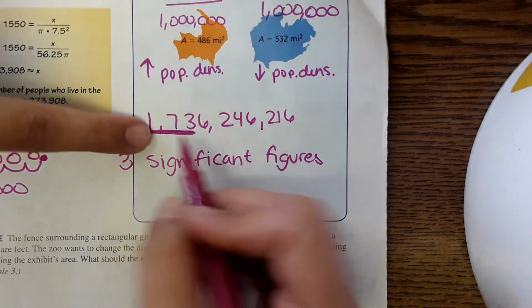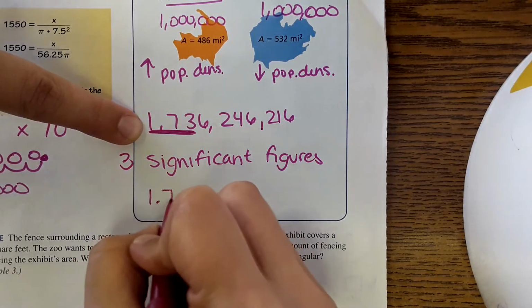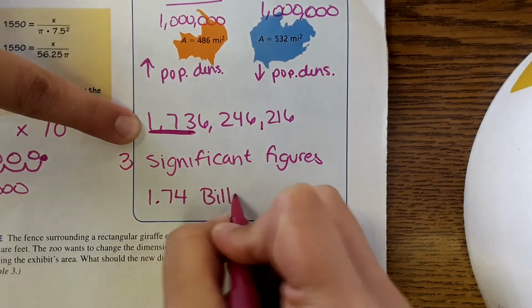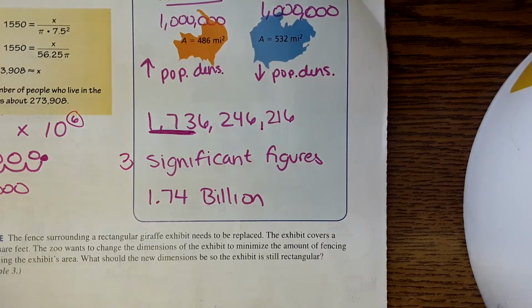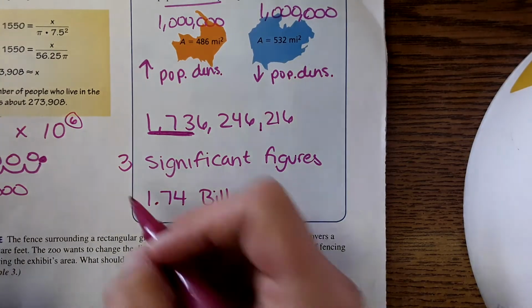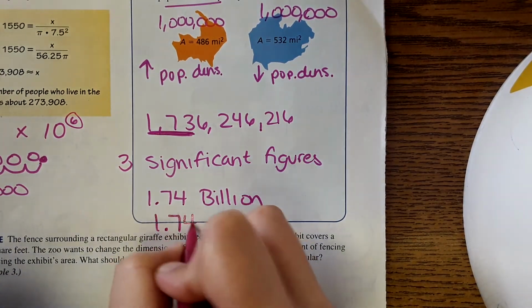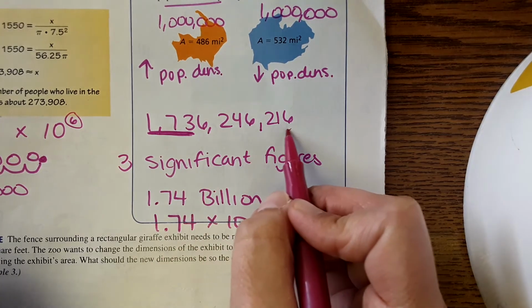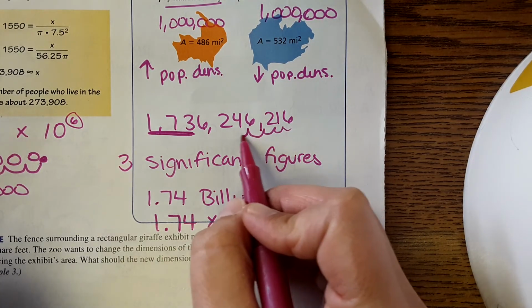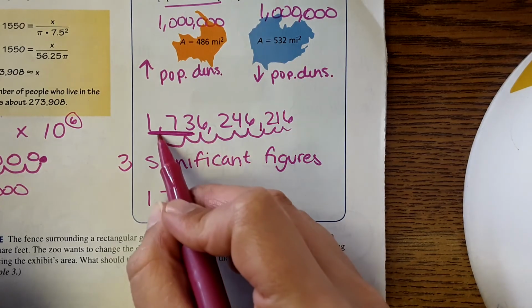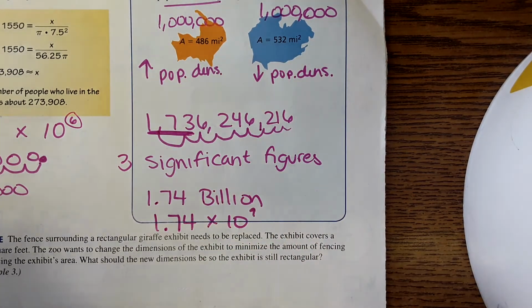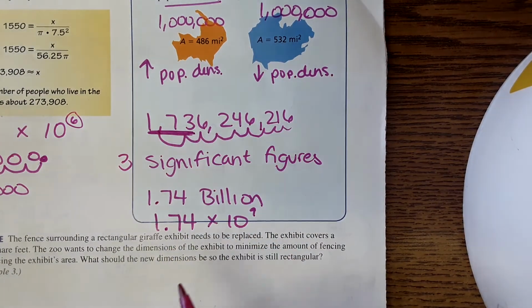So the way you would write this is you'd say, okay, this is 1.74 billion. Or you could say 1.74 times 10 raised to the 1, 2, 3, 4, 5, 6, 7, 8, 9. But notice how this 3 is rounded up to 4, so that is important there.